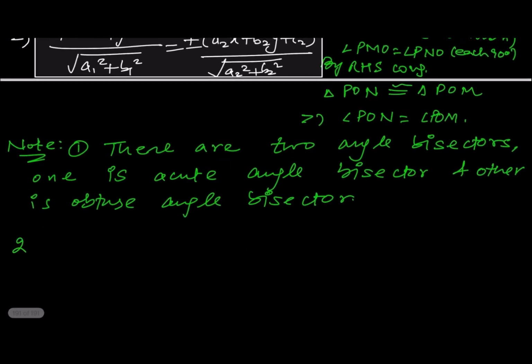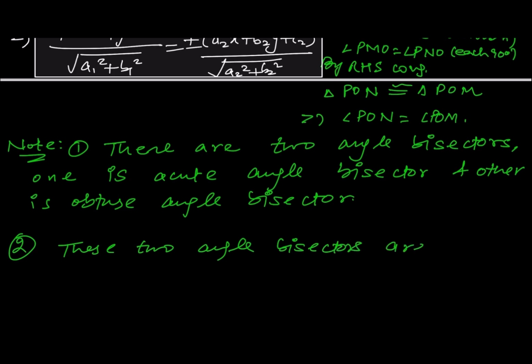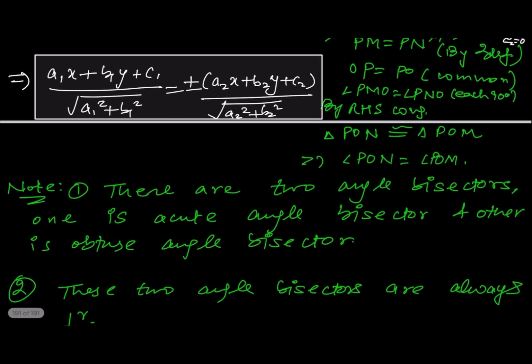Point number 2: these two angle bisectors are always perpendicular. We can verify this point by using the concept of slope, okay?